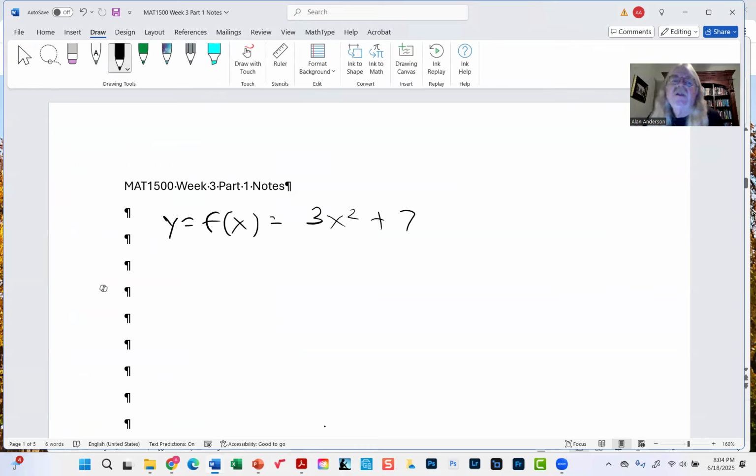Okay, a parabola. So this is an explicit function because it's written out as y is a function of x.